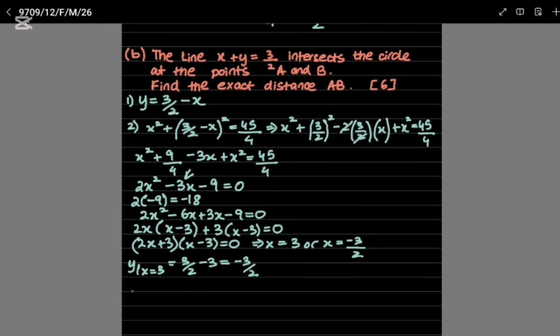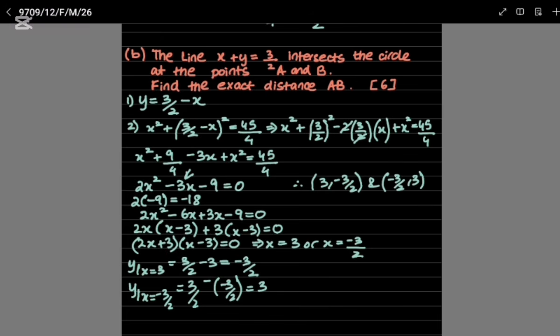And y at x equal to minus 3 over 2 is 3 over 2 plus 3 over 2, which gives you 3. So the coordinates are (3, minus 3 over 2) and (minus 3 over 2, 3).